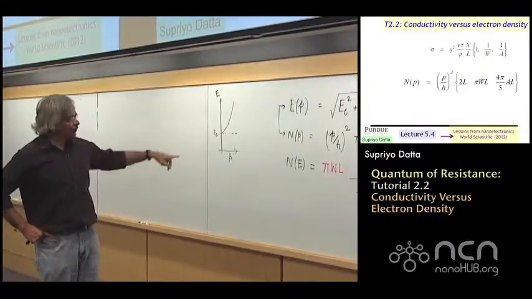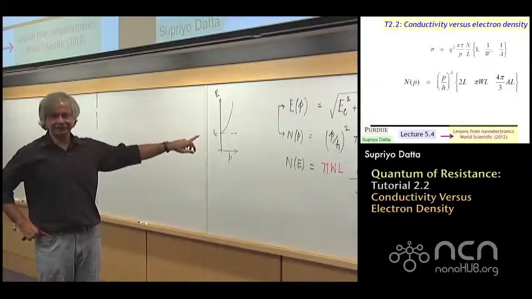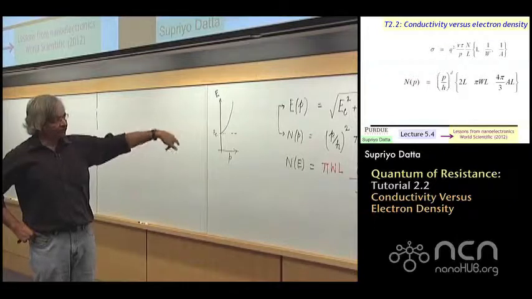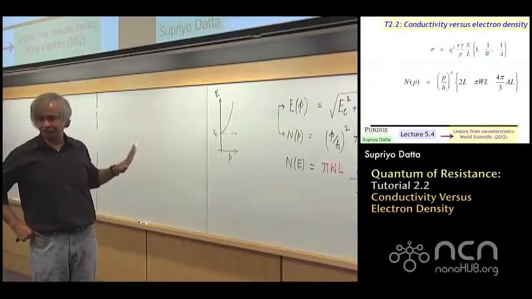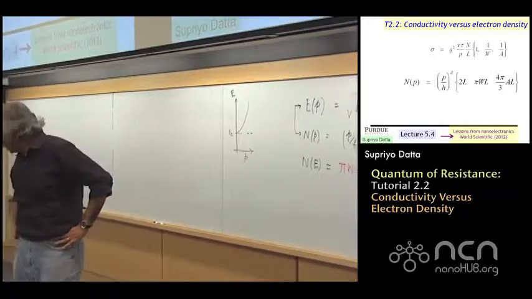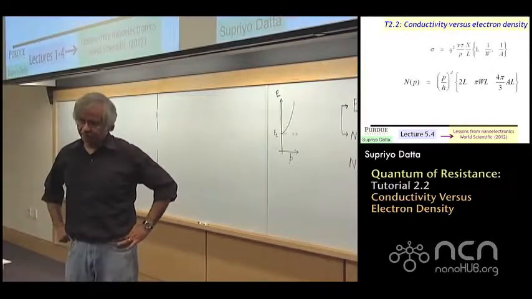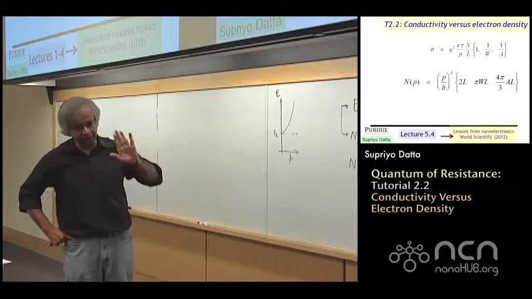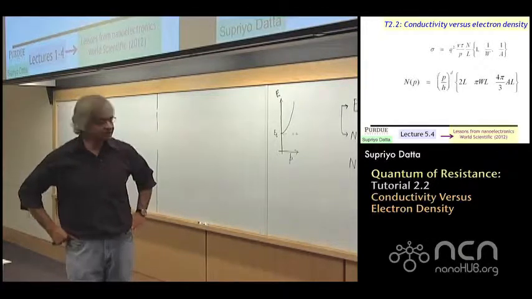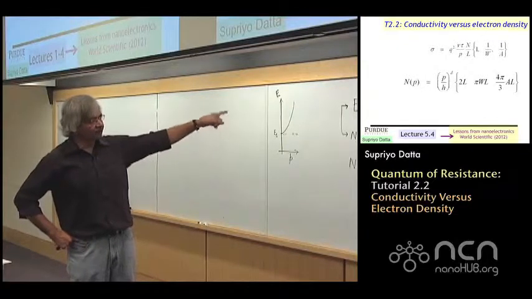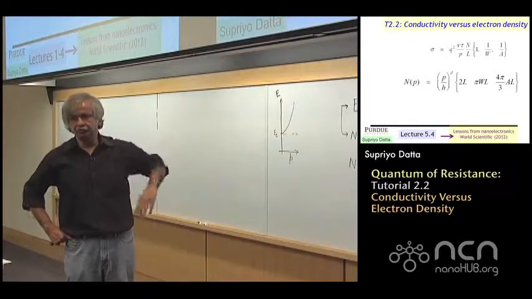And what I have up on the blackboard is something we worked out in tutorial 2.1. Since some of that is needed for this problem, because here what I asked you to do is look at the conductivity expression and try to find an appropriate expression relating the conductivity to the number of electrons. I'll be making use of some relations from tutorial 2.1.